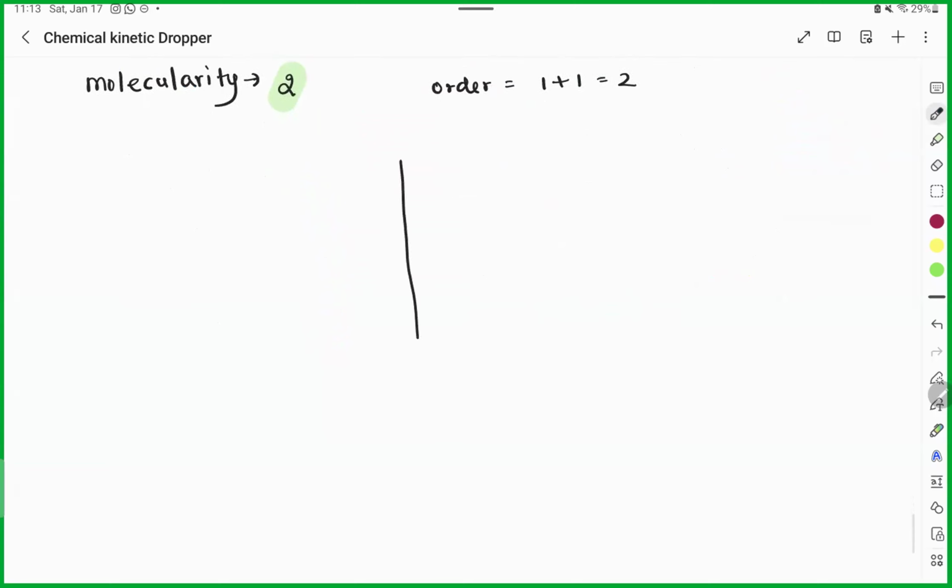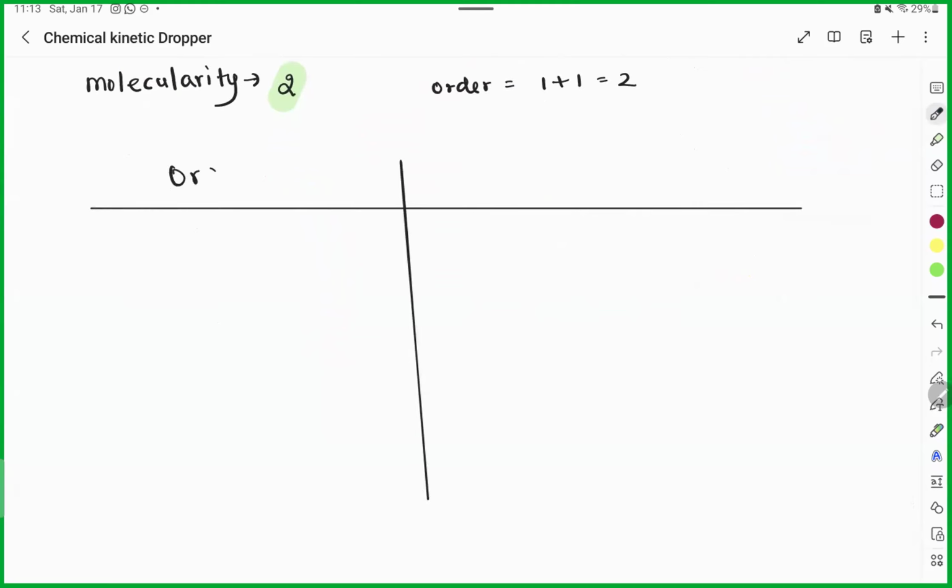So based on that, you can calculate the difference between order and molecularity.